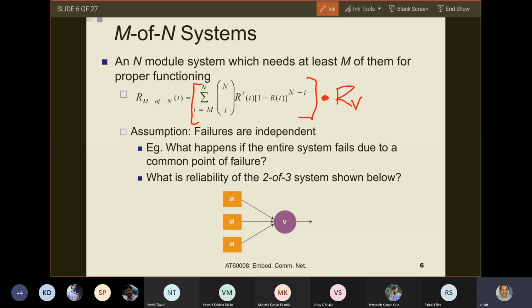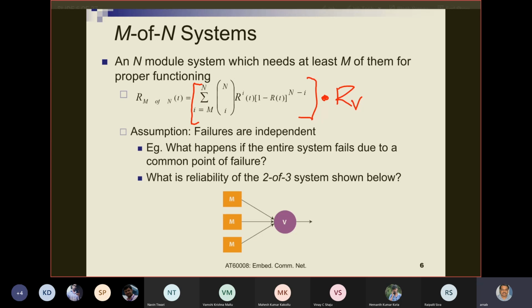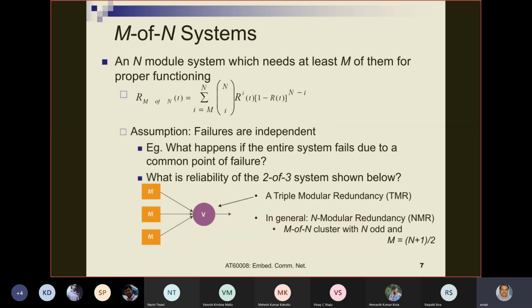The actual reliability of the system has to include the reliability of the voter, otherwise everything is gone, right? So then this is the weakest link in this system. So let us see, we'll see how to handle this, but let us go on a bit more.